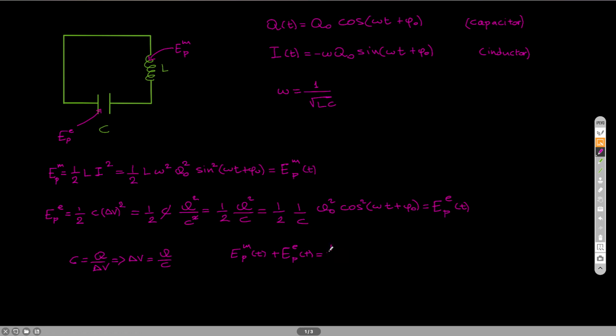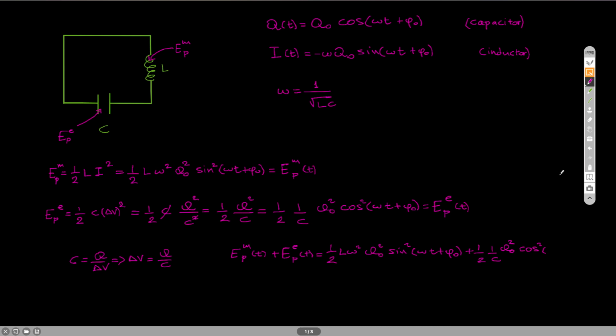Let's see. So it's going to be 1/2 L omega squared Q naught squared sine squared of omega t plus phi naught, plus 1/2 1/C Q naught squared cosine squared of omega t plus phi naught.